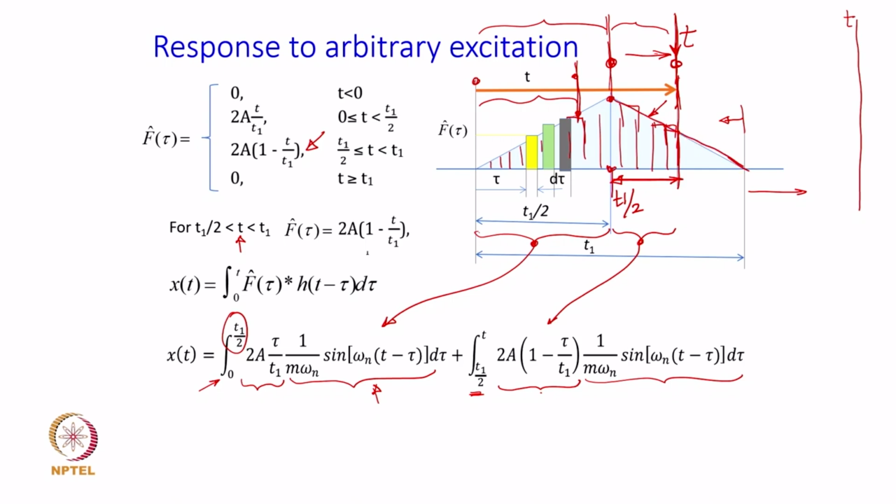So, I hope now this is clear as to what integration limits one should take. Do not also confuse between time t and tau. Tau is the integration variable. So, tau is changing as these individual impulses are accounted for, whereas time small t is a fixed time at which you are interested in finding out the response, okay, and the integration variable is d tau.